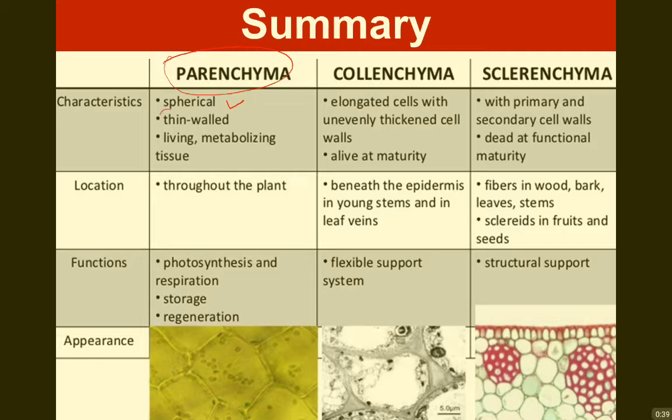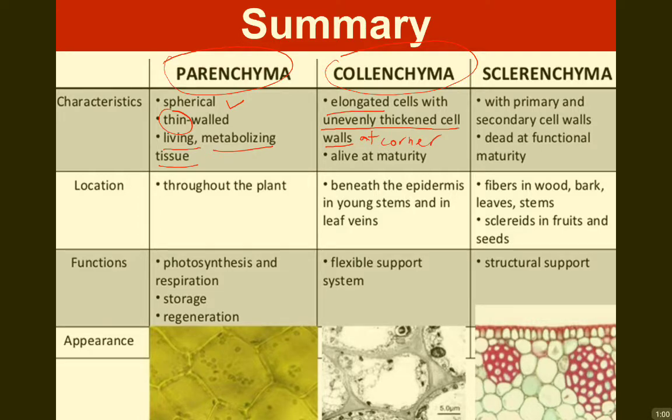The cell wall of parenchyma is thin, and it is a living cell, a metabolizing tissue. For collenchyma, the cell is elongated with unevenly thickening cell wall at the corner.